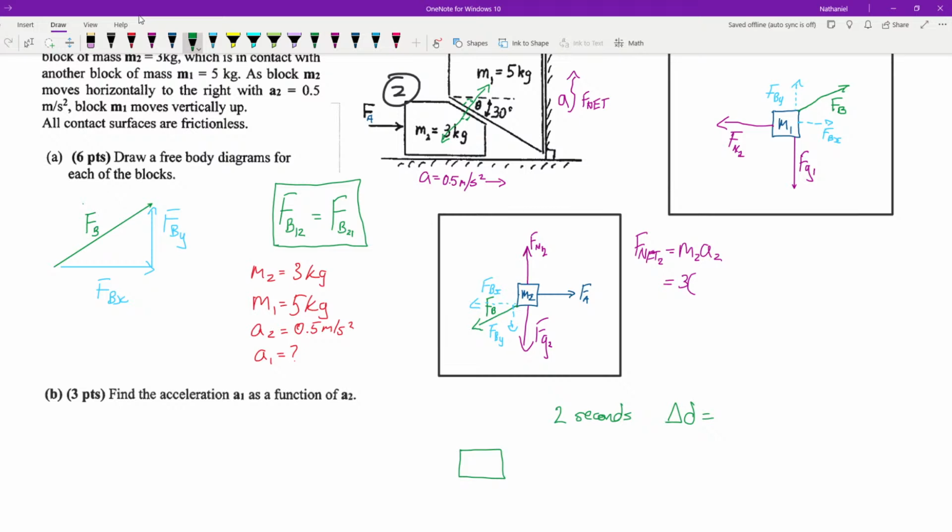Half more. So we get a delta D of 1 meter. Okay, so what would it be with the triangle that we have there?